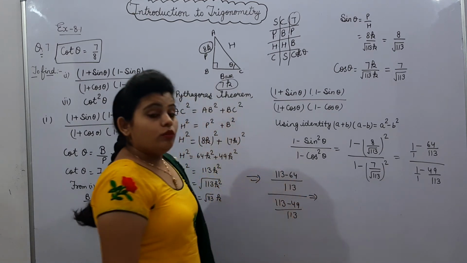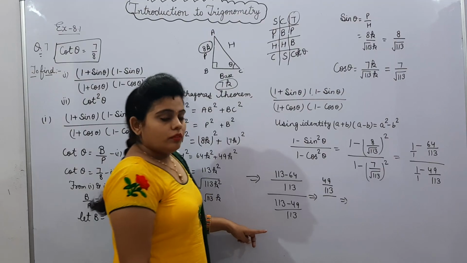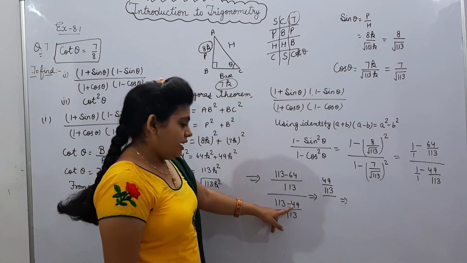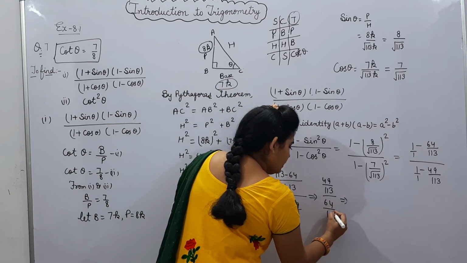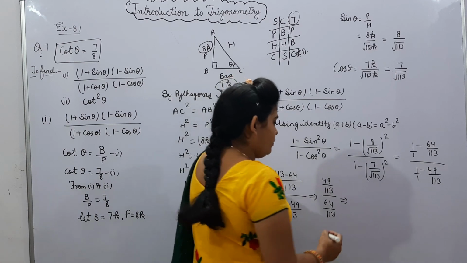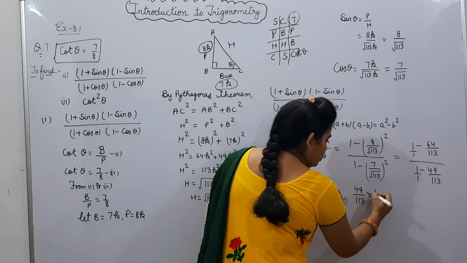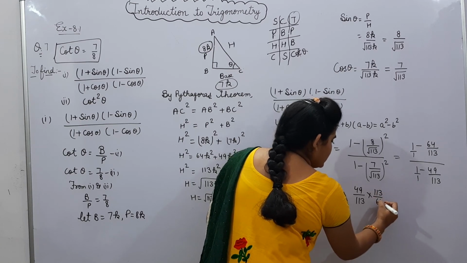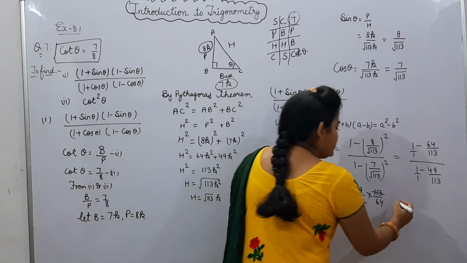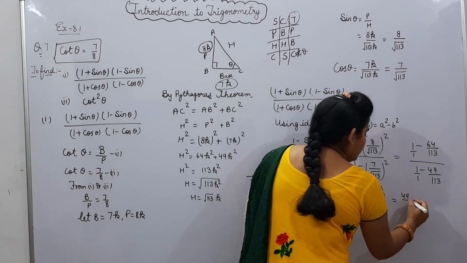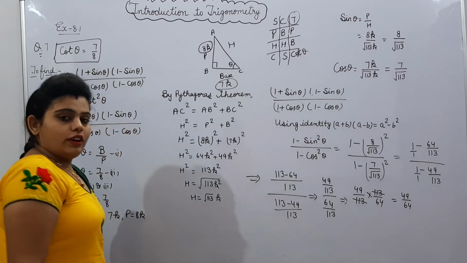On subtracting, we get 49/113 divided by 64/113, which simplifies to 49/113 × 113/64. 113 cancels out, what is left is 49/64. This is our answer of the first part.